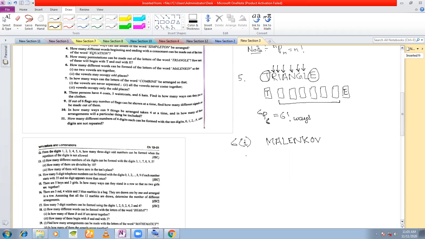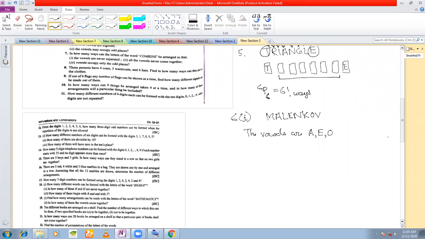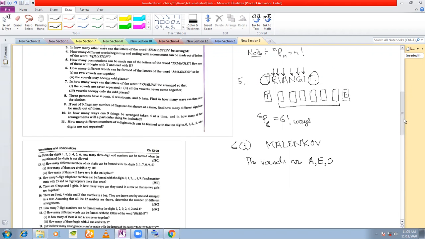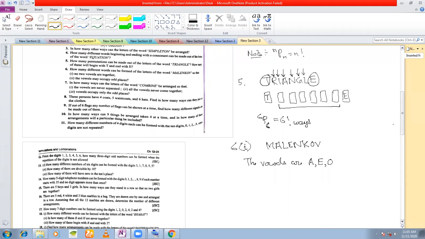No vowels are together. First of all, separate the vowels. The vowels are A, E, O. Only 3 vowels, right? Now the question is how many arrangements you can make if no two vowels are together.